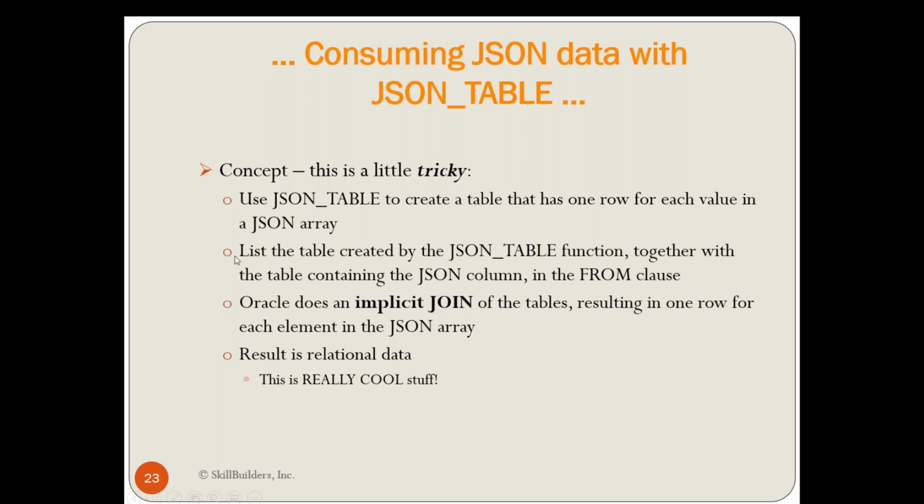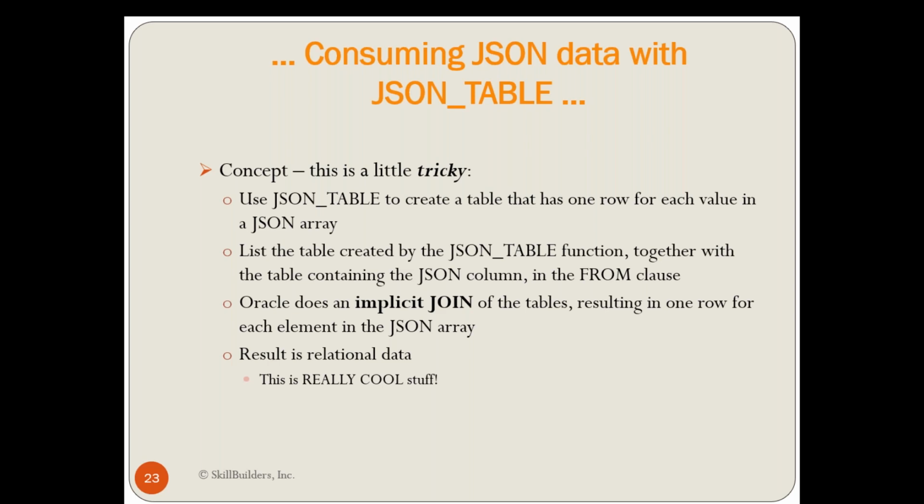And now we put that table that we created with the JSON table in our from clause. And we put the main table that had the JSON column in the from clause. So now in our from clause, we have two tables. One's the main table, and one is a table that's created just from each individual array on each row. And Oracle will see those two tables and do an implicit join of those two tables.